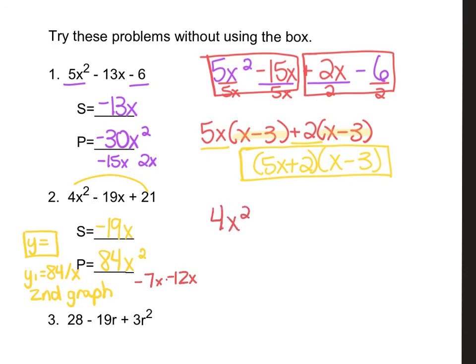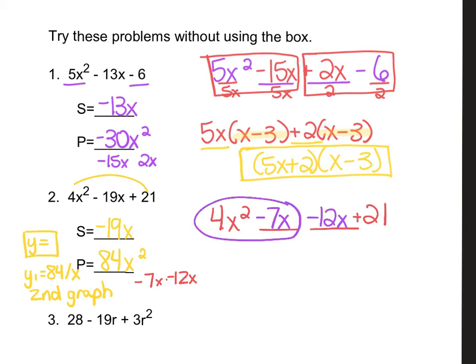So I've got 4x squared, blank, blank, last term 21, and I am going to fill in those blanks with these terms, negative 7x, negative 12x. And if you want to try this backwards, where you put the negative 12x first and the negative 7x second, you'll just see that what's in parentheses is reversed with what's on the outside.